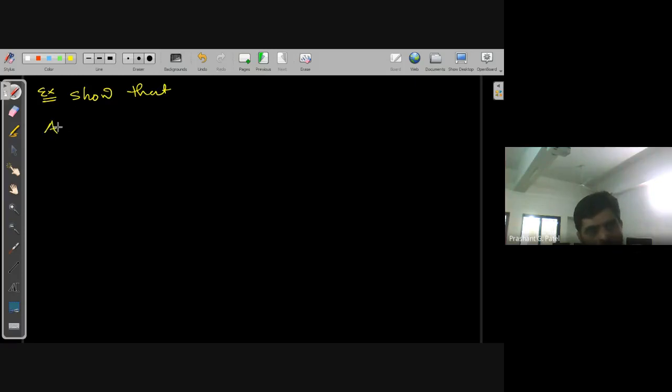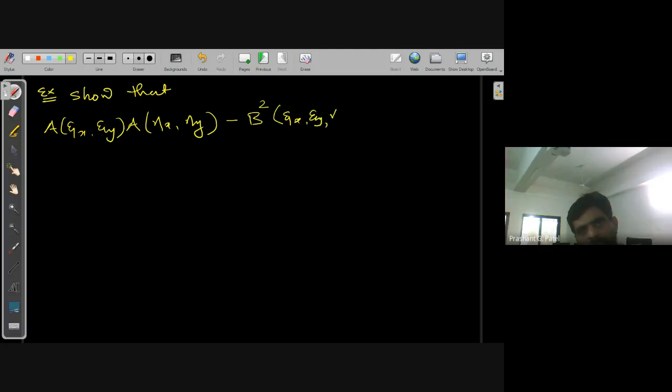it is a of xi x, xi y, eta x, eta y minus beta b square xi x, xi y, eta x, eta y. That means this quantity is nothing but the 4 times RT minus S square upon 4.